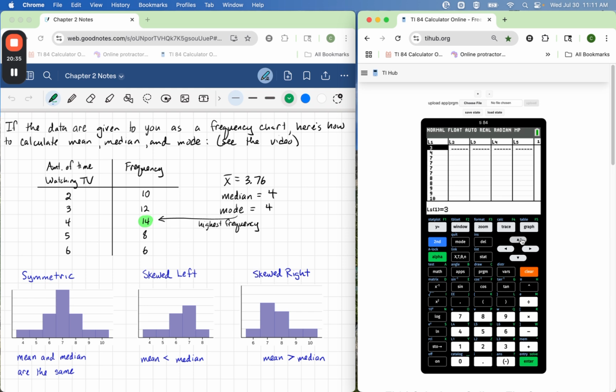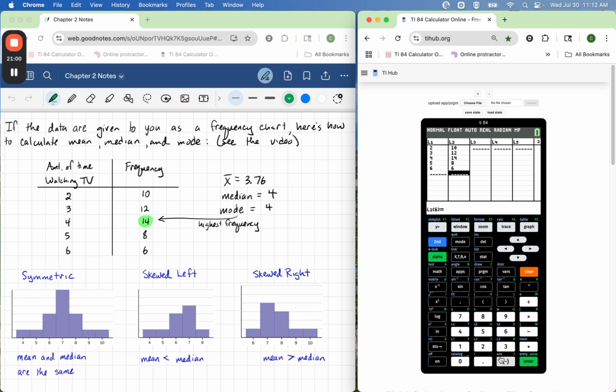So the way to do that, you go and highlight L1, you hit clear, enter, and it clears it, okay? Now I'm going to put that data in: 2, 3, 4, 5, 6. Go over to L2: 10, 12, 14, 8, and 6.